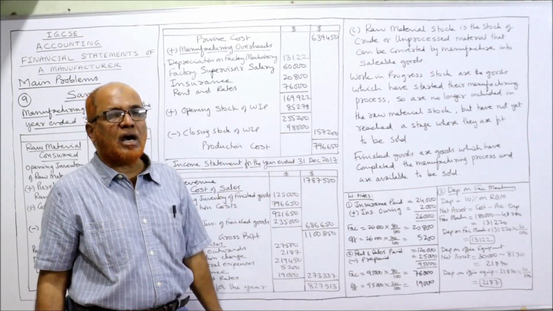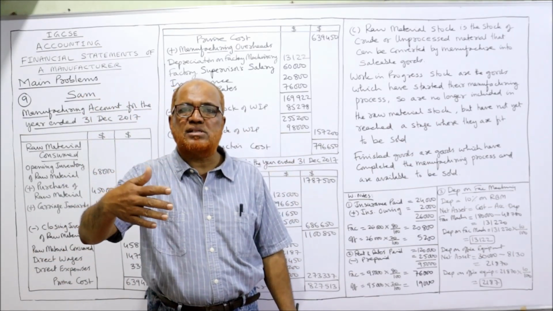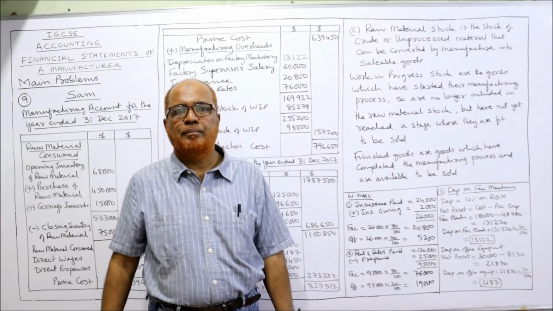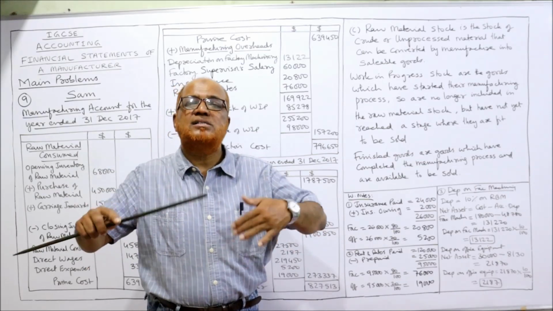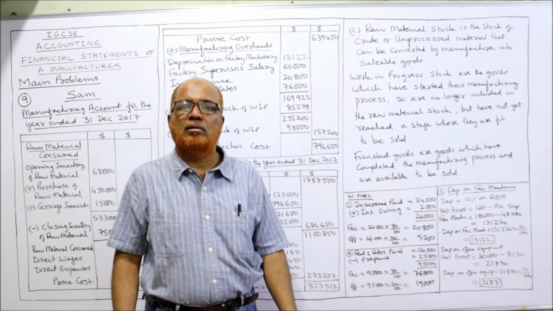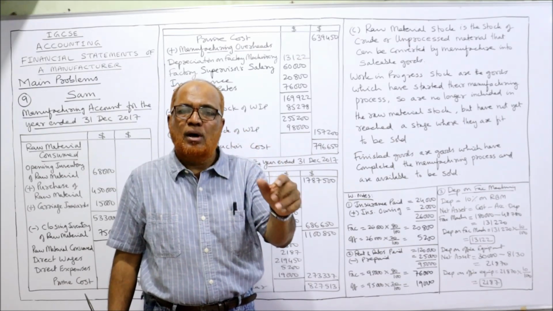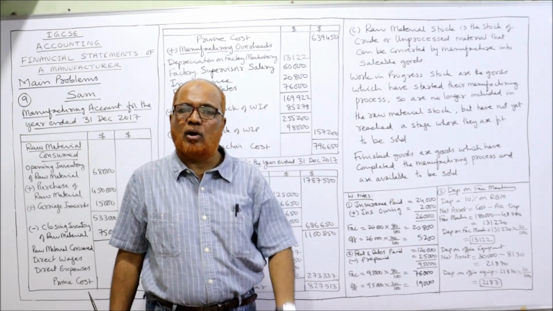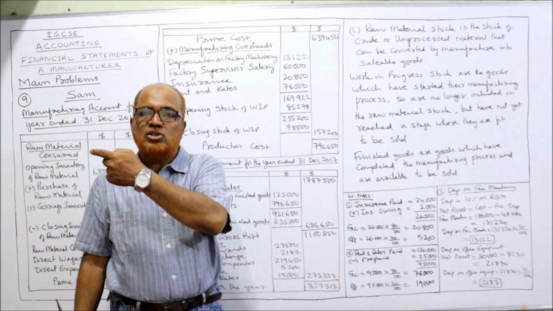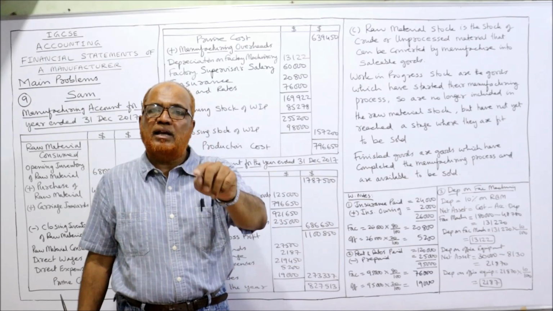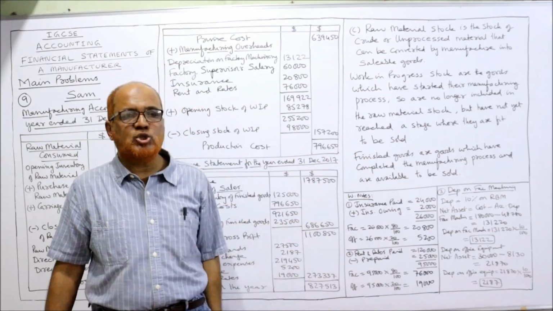Then work in progress are those goods on which the manufacturing process is started but not completed. Still work is going on. So work in progress are called semi-finished goods, partly completed and partly not completed. This work in progress material will not be taken in stock of raw material and will not be taken in stock of finished goods. It is in between.